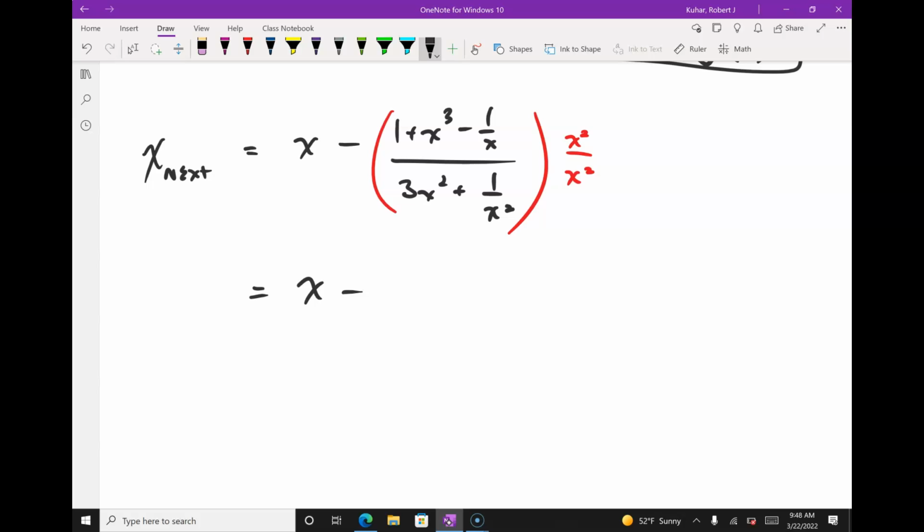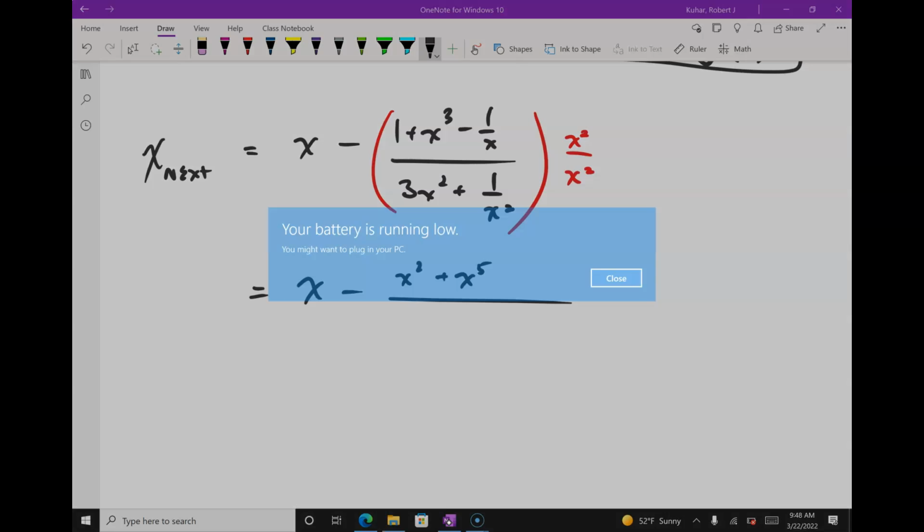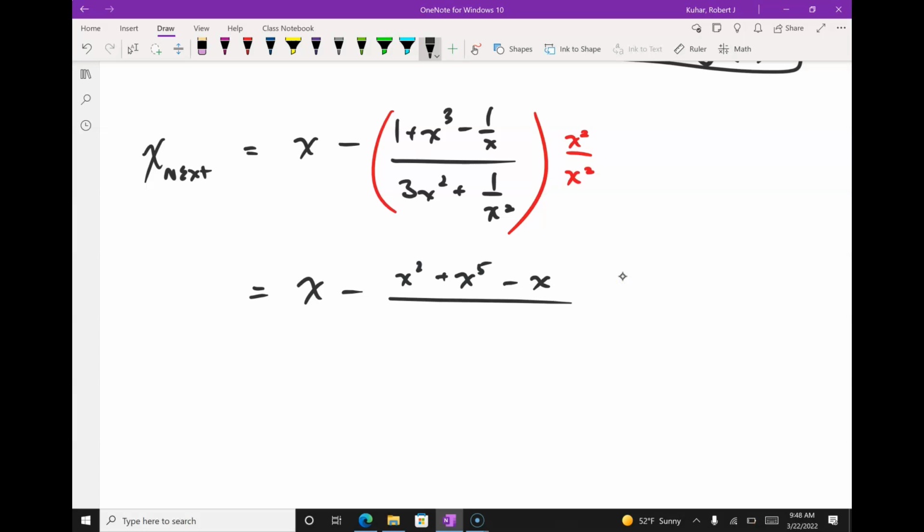So it looks like I get x squared plus x to the 5th minus x over 3x to the 4th plus 1. We agree?